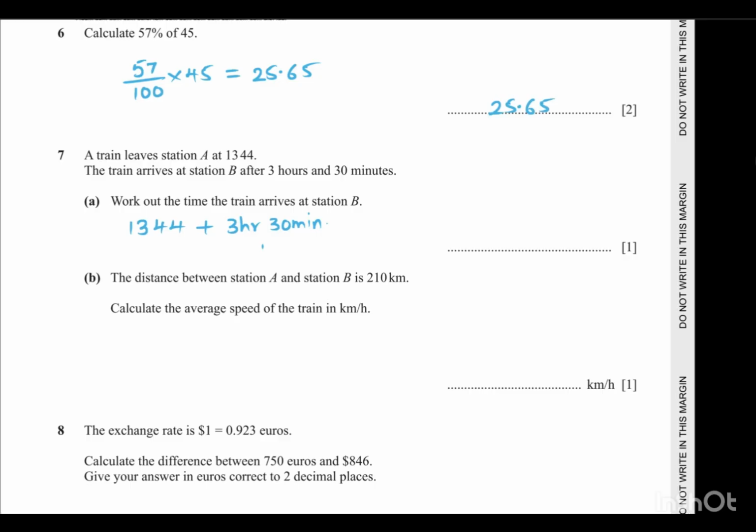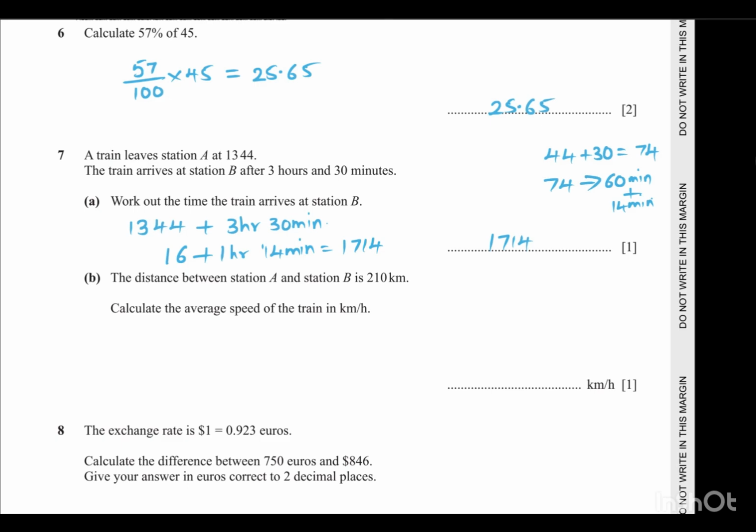First let me add the minute side, 44 plus 30 will be 74. So 74 is 60 minutes plus 14 minutes, and 60 minutes is 1 hour. So it is 1 hour 14 minutes. Then if I add 13 and 3, I get 16. So it is 16 plus 1 hour 14 minutes, so it is 17, 14. So the answer will be 17:14.